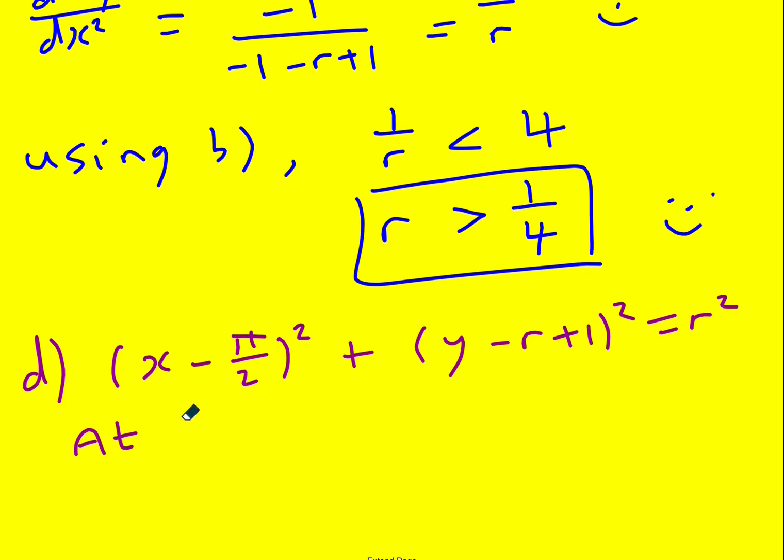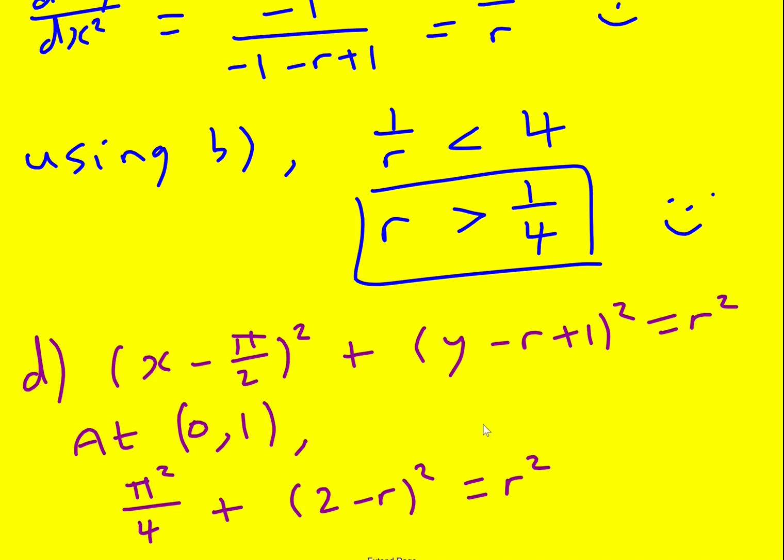So at (0, 1), we're going to get (0 − π/2)², so we'll get π²/4, plus, when I put in 1, I'm going to get (2 − r)². That's going to equal r².